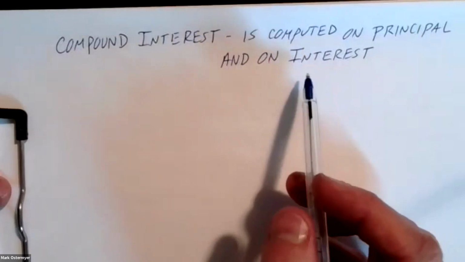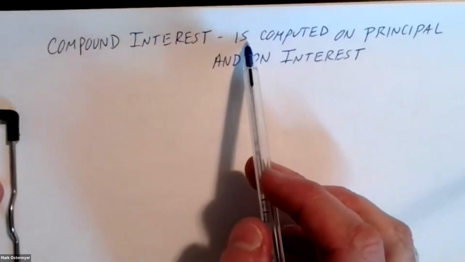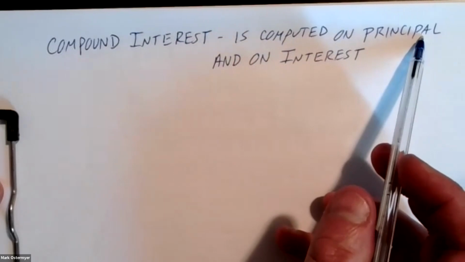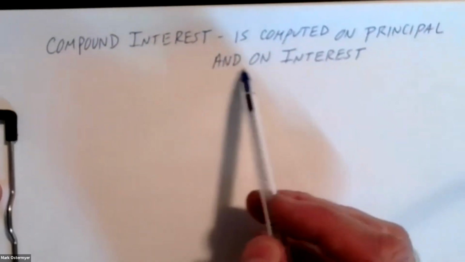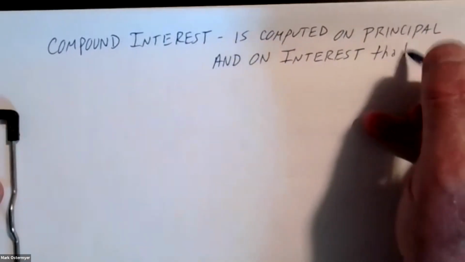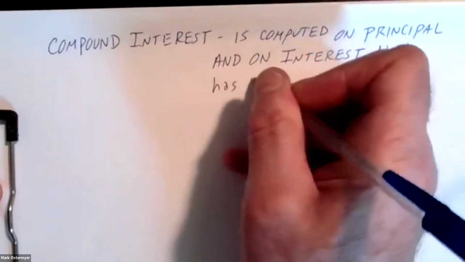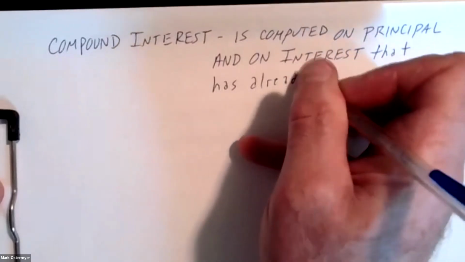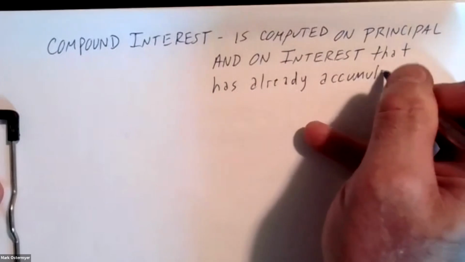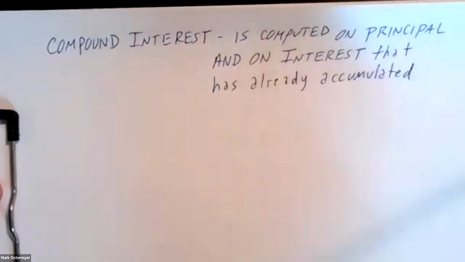So compound interest is money computed on the principal, like a loan or the amount you deposit, and also on the interest that has already accumulated. Okay, that's compound interest.